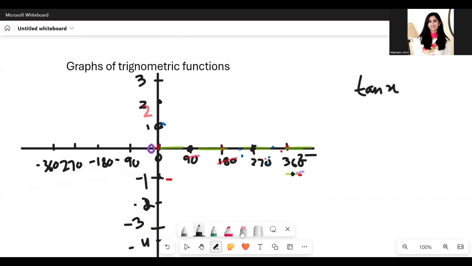If you enter tan 90 in your calculator, you will get a math error. So you draw something called an asymptote at 90. An asymptote, for now, is a horizontal dotted line. Then if you find tan 270 in your calculator, you'll again get a math error.